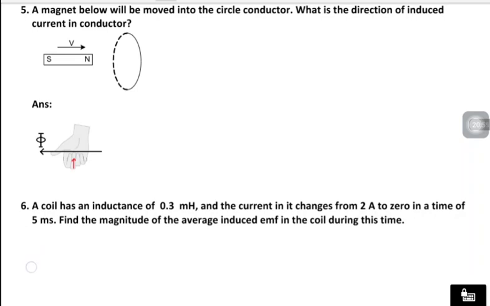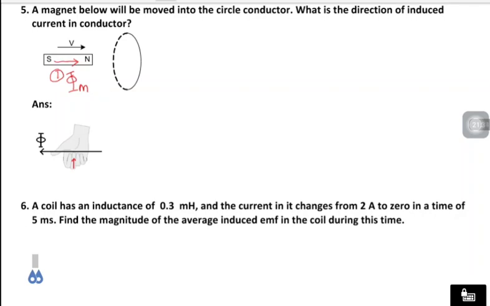First we have to draw the main flux in the magnet. The main flux in the magnet has direction to the North Pole. This is the first step. You have to do this step first. Here we write the symbol for main flux or initial flux.